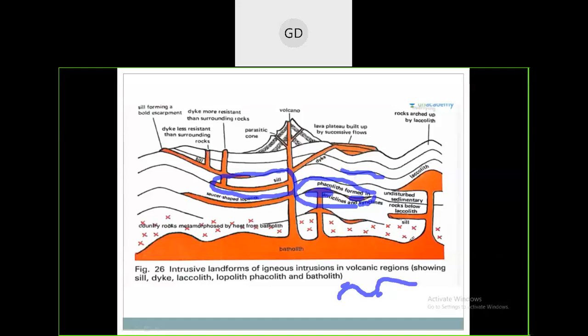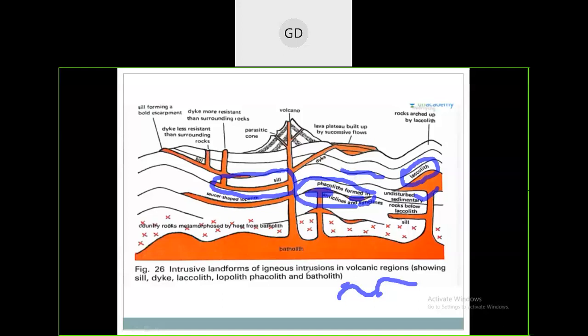And the last one in the concordant bodies is your laccolith. You can see here, this is a laccolith. You can see this part, it is a laccolith. So these laccoliths are intrusions that have been arched up.